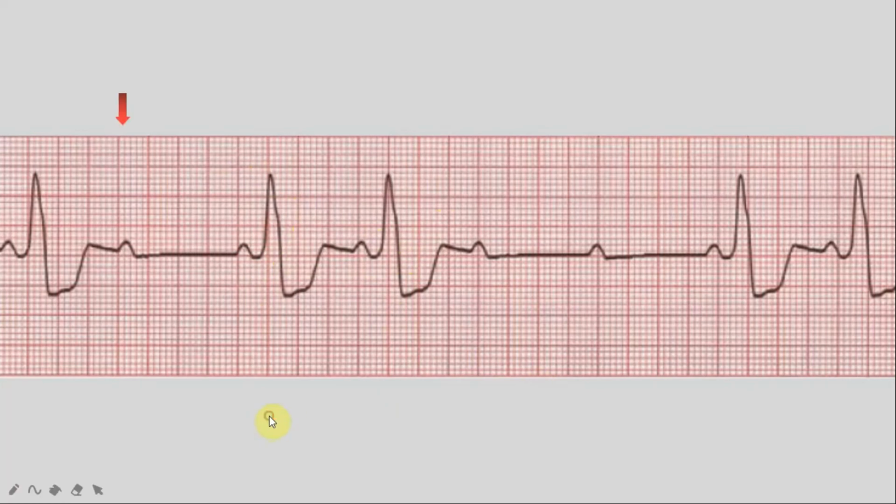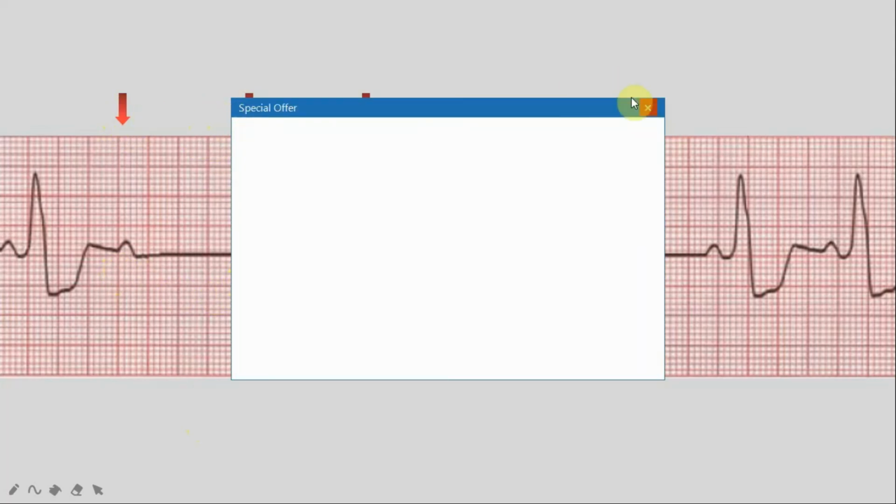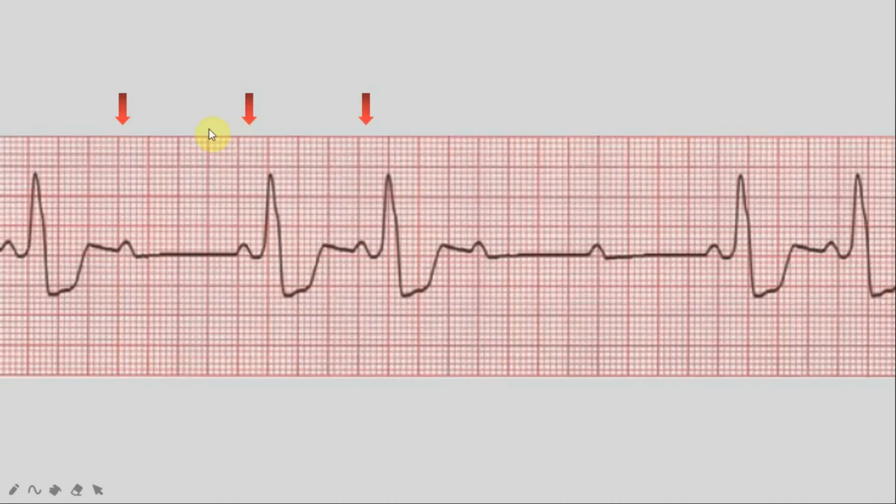So let's map the P waves once again. There is a P wave here, then there is a P wave here, and if we look at the PP interval, this is pretty much similar. So the PP interval is the same, and this is coming at constant intervals.